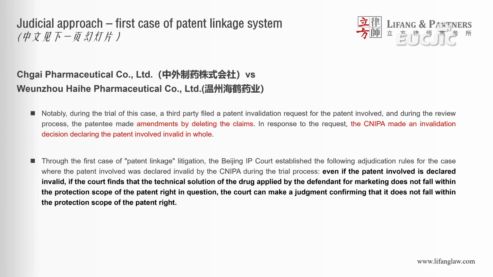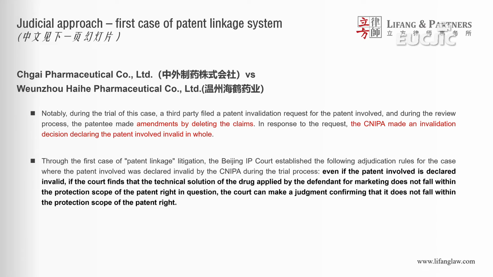Here, the concerned patent was actually totally invalidated. And normally, according to Chinese law, if a patent is invalidated, then the court will immediately dismiss the whole infringement action on this patent. But for this new type of patent linkage action, the court did not dismiss the case, even after the patent was invalidated, though of course that invalidation decision was in appeal.